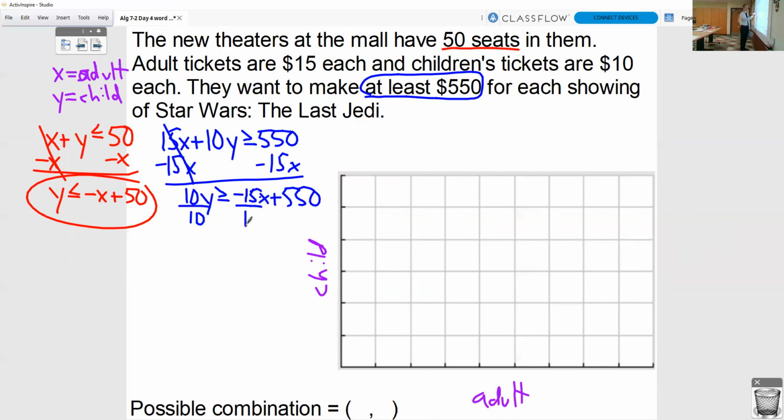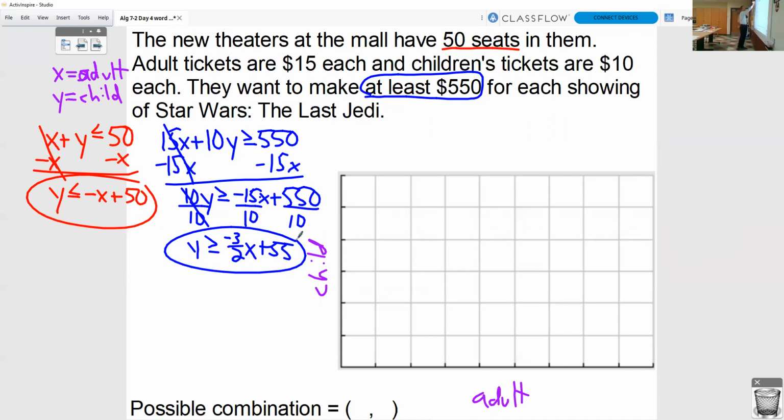Divide by 10, divide by 10, divide by 10. So y is greater than or equal to, here's that trick again, negative 15 over 10. I can divide by 5 and divide by 5 to be negative 3 over 2. 550 divided by 10 is 55. So there's my other equation.